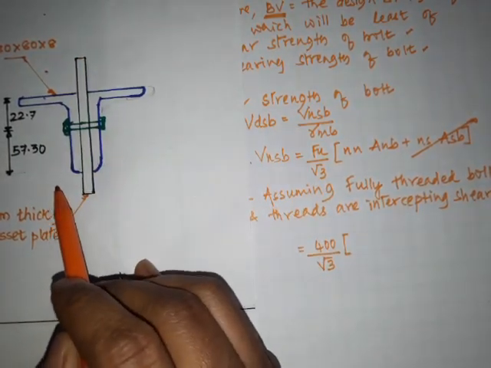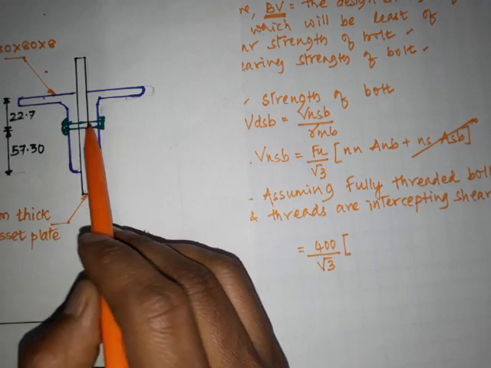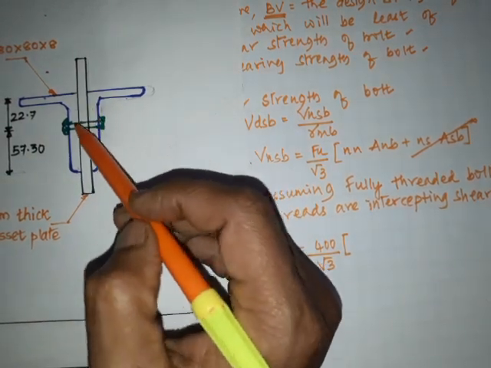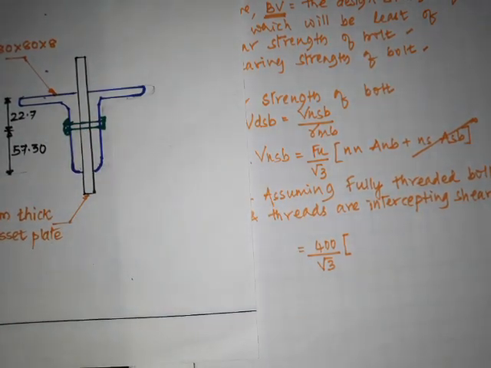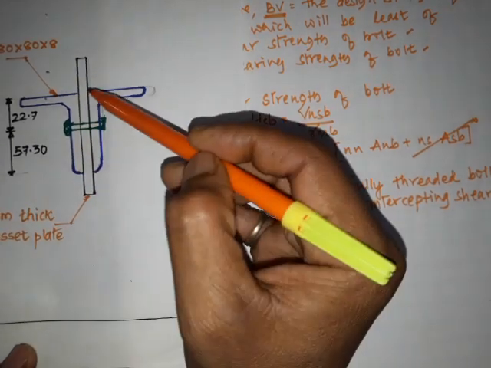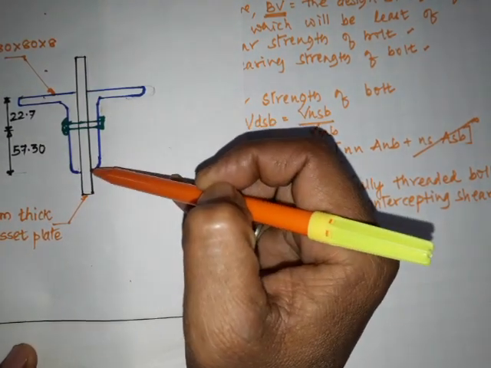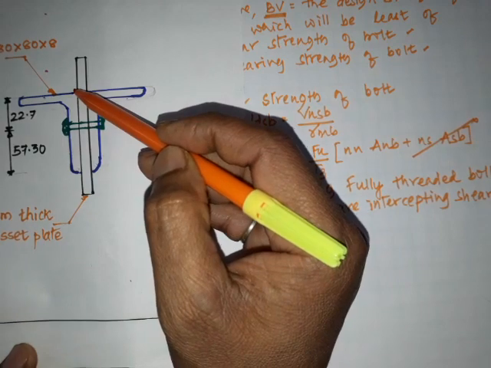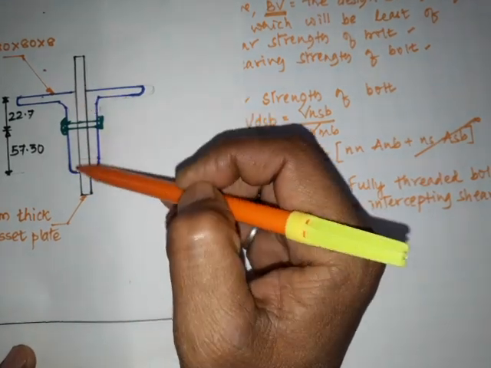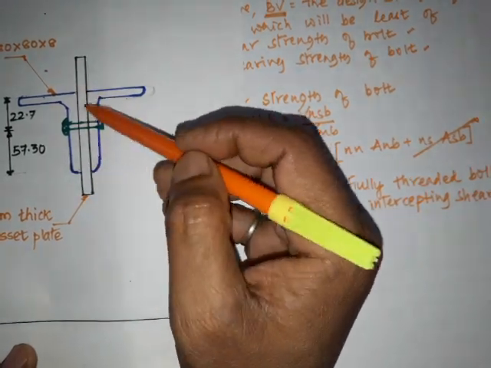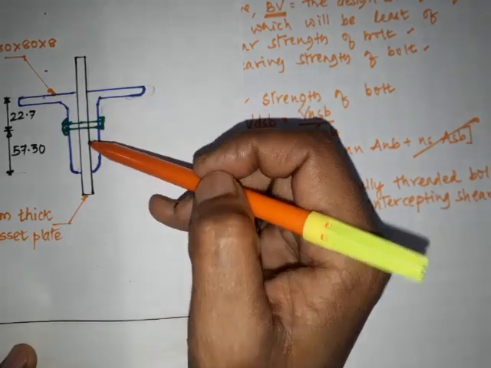So how many shear planes? One intercept, two intercept. Two intercepts mean two shear planes. Are you getting my point? Back to back, two interfaces are intercepting here.